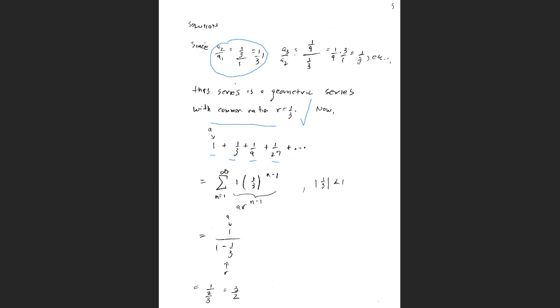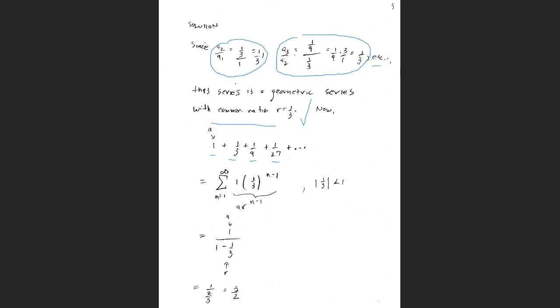If you take the third term and divide by the second term, you'll get a third. It's called a common ratio. Dividing one term by the one prior gives you the same ratio. That's correct.